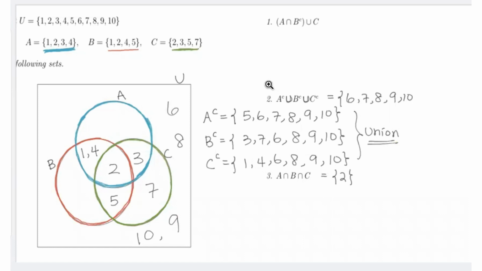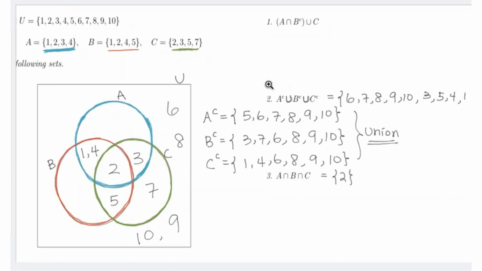Union. So 3, 5, 6, 7, 8, 9, 10. You already put 10, so 3 and 5 were missing. 4 is missing, and 1 as well.